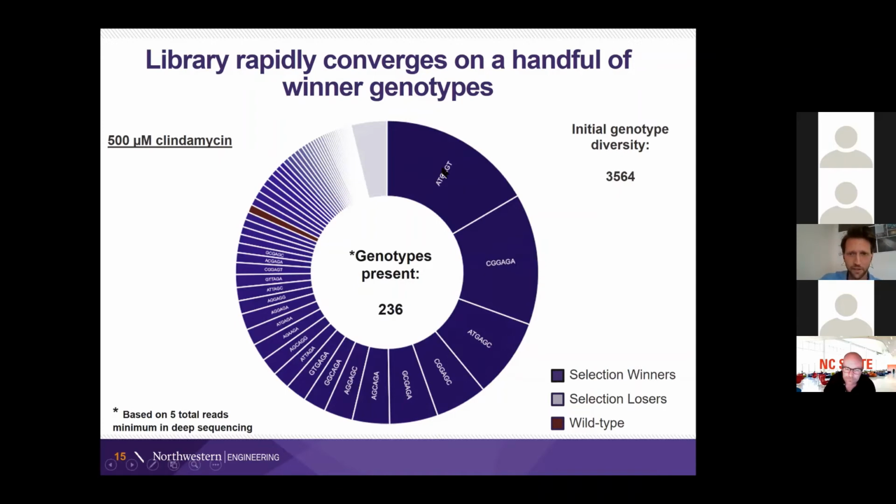And the top perhaps 7 genotypes now make up a majority of the population. So after only 4 rounds, we're able to enrich for just a handful of genotypes that look like they're the most active. And if you take a look at these genotypes, a lot of them look very similar to each other. So this is encouraging. We think we're selecting genotypes that perhaps have similar sequence because they have similar function.